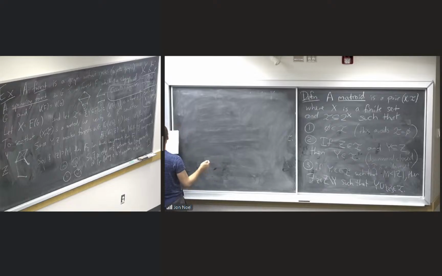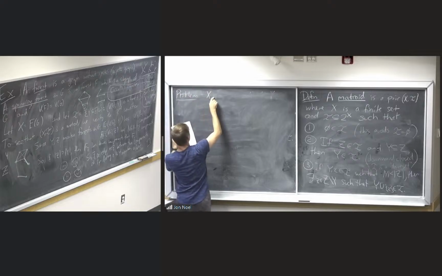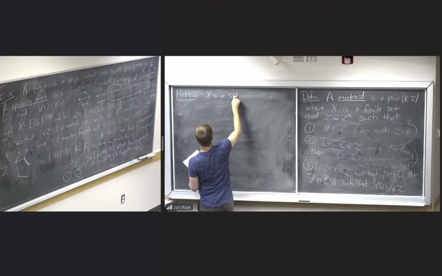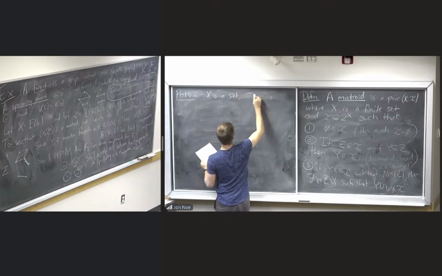So maybe let me make this a bit more concrete. So here's a problem. Let's say X is a set. I is a subset of 2^X.